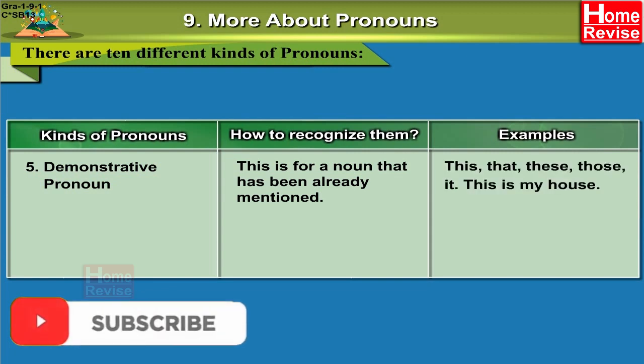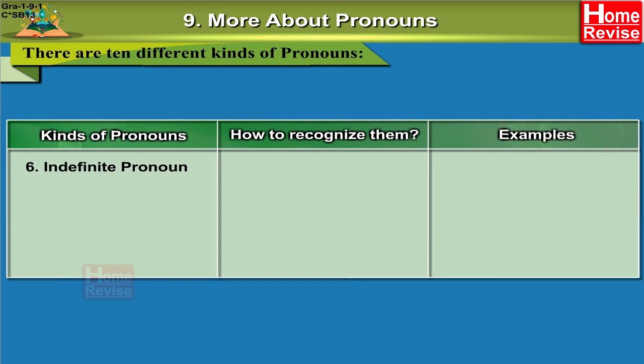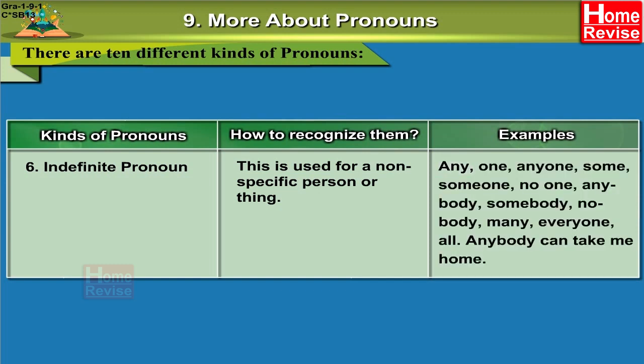For example, this, that, these, those, it. This is my house. 6. Indefinite pronoun. This is used for a non-specific person or thing. Any, one, anyone, some, someone, no one, anybody, somebody, nobody, many, everyone, all. Anybody can take me home.